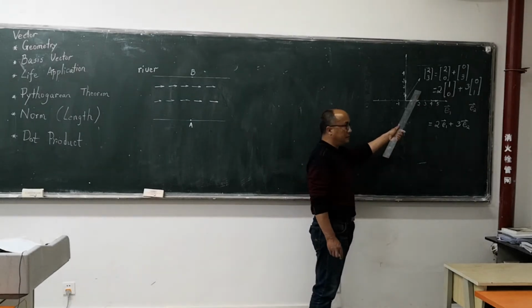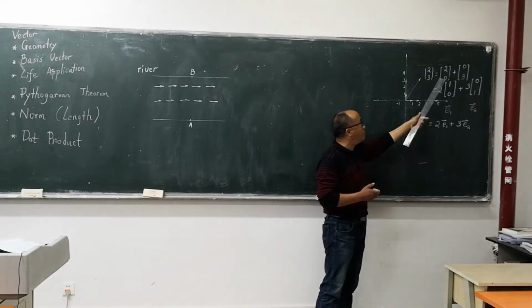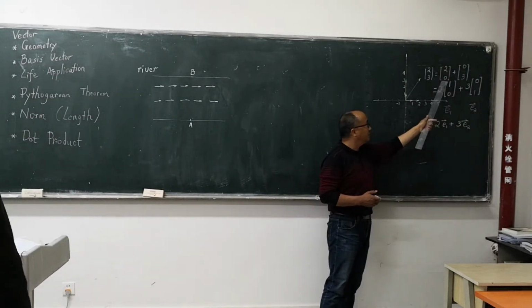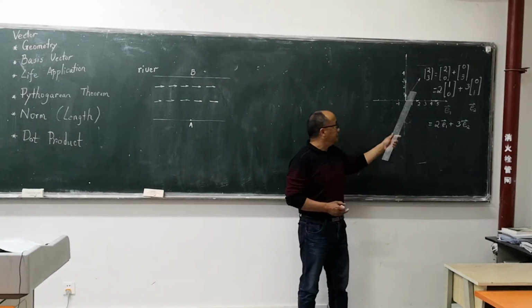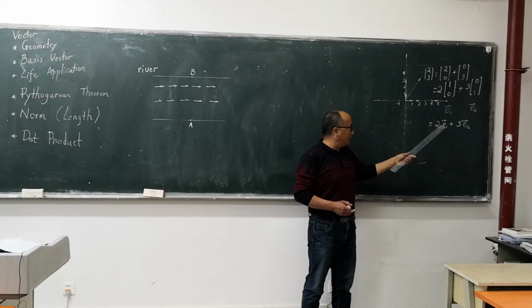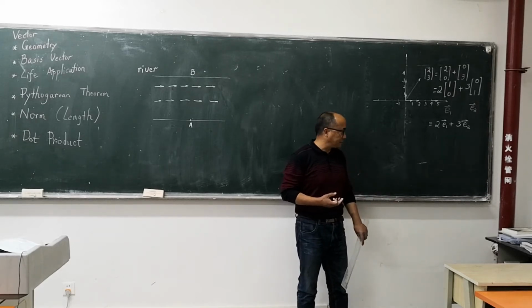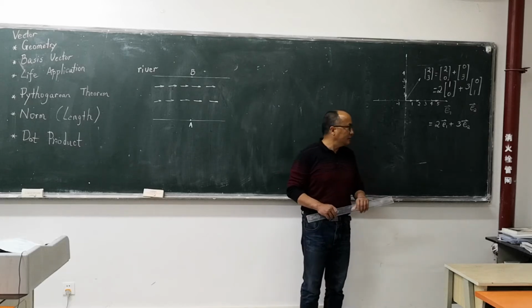A vector can be looked at by its components. A vector has components. This is what I'm trying to say. Everything has components, right?